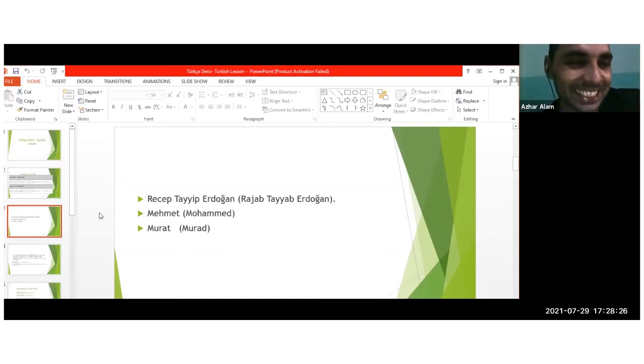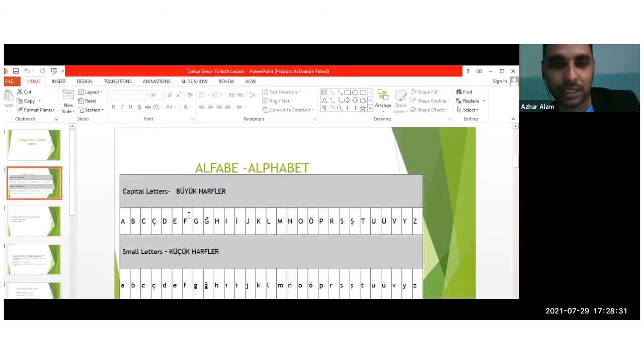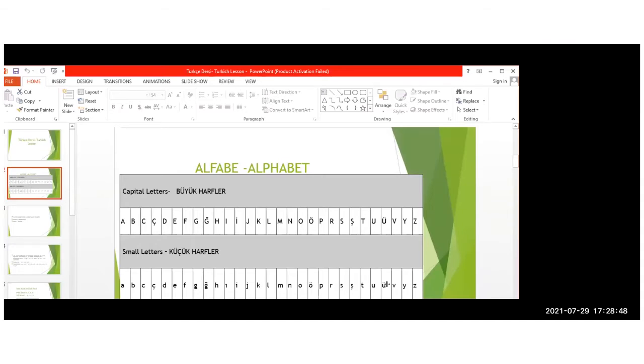So this happens. Here I want to show one more thing. We have capital letters almost similar to English, and small letters almost similar to English.